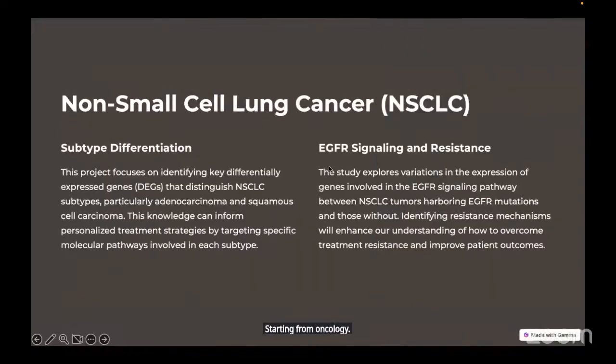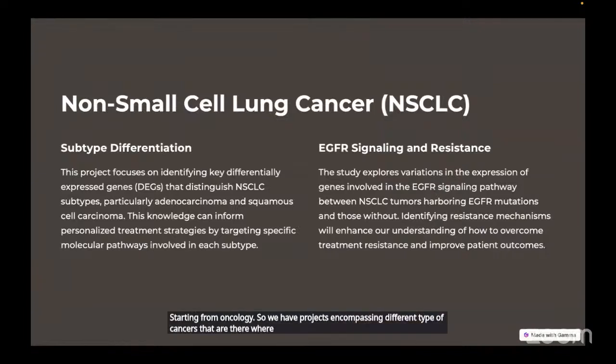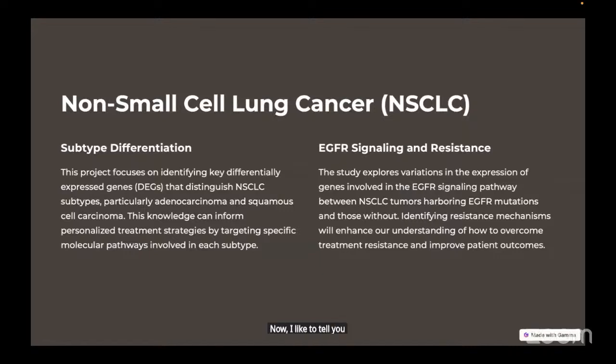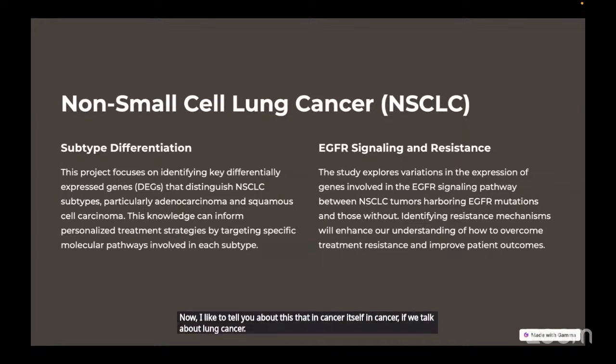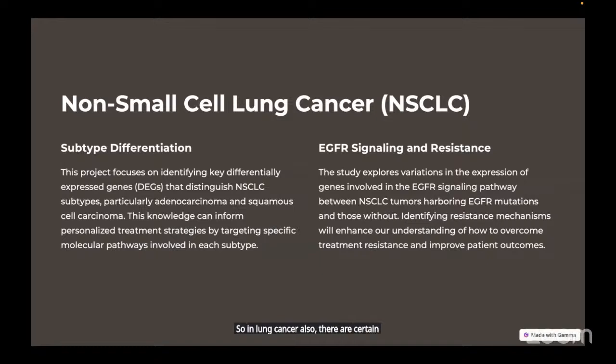So we have projects encompassing different types of cancers, where we are focusing on a certain research area. Now, I'd like to tell you that in cancer itself, if we talk about lung cancer, in lung cancer also there are certain pathways, or certain tumors that are classified as subtypes.